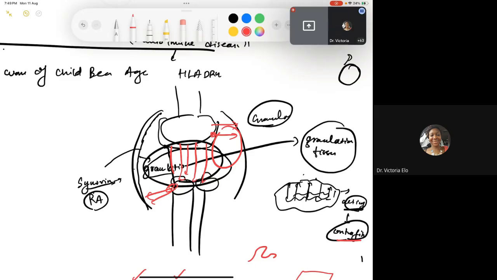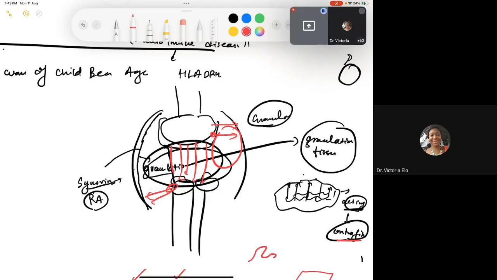Over a period of time, there's accumulation of granulation tissue, which will cause actin to cause contraction on that joint. That contraction will cause narrowing of the joint, leading to stiffness of the joint and other symptoms that manifest with narrowing of the joint.